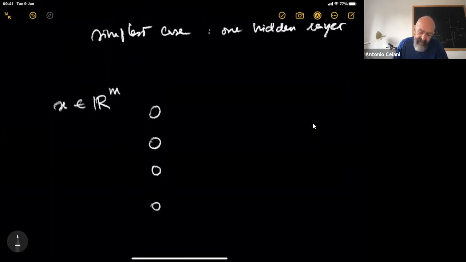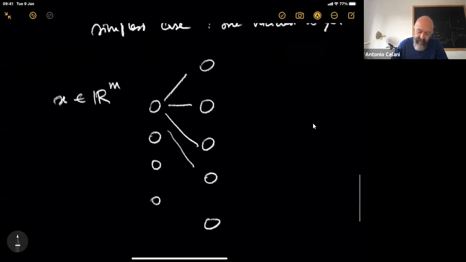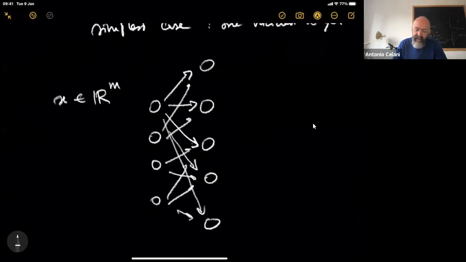And then there is some operation which transfers this input to a second layer of nodes. Now I will tell you what these nodes are in a way that is something like this. So this is one possible way to do this. Okay, so on and so forth. And don't let me draw everything, otherwise it becomes a mess.